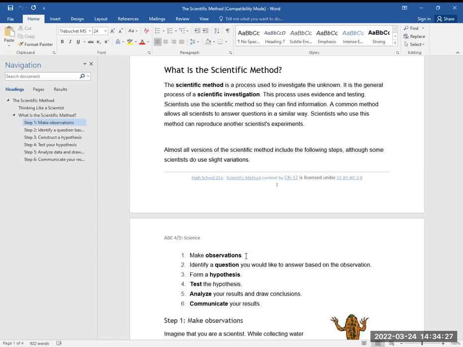So by having a definite structure, scientists all over the world will use that same way, which means no matter what language, no matter which country the scientific experiment is being conducted in, they will end up with the same process.